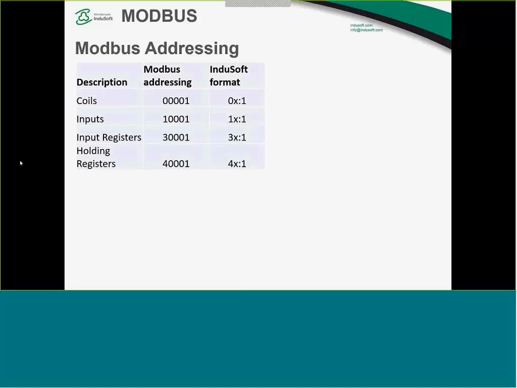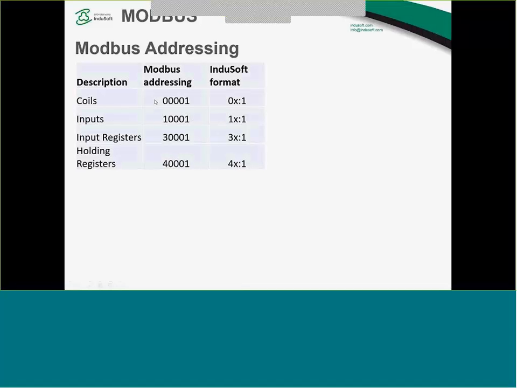So the beauty about Modbus is that it's very simple, and in InduSoft we make it as simple as possible to configure. On Modbus, when you have any register address starting with 0, that means it's a Boolean address that you can read and write. If the address starts with 1, that's going to be a read-only Boolean address, binary only.